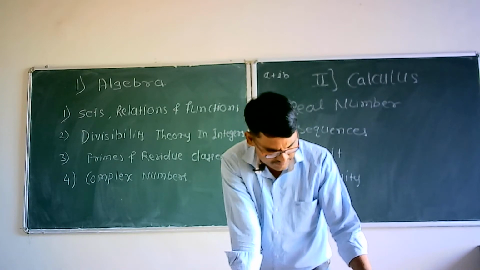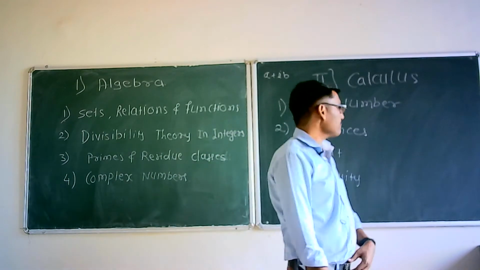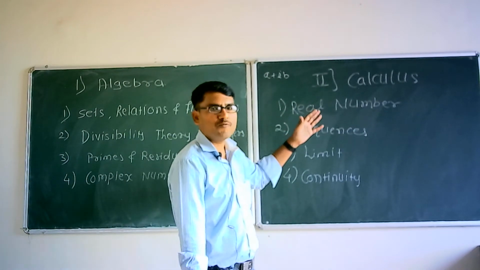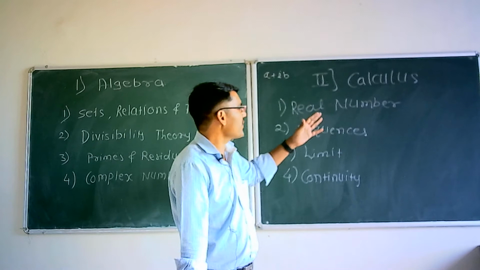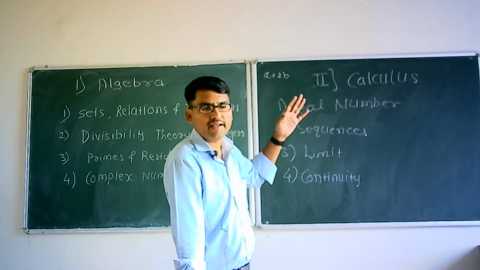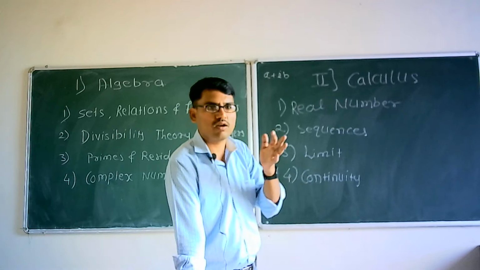Now next, in calculus again there are four chapters. Real numbers. All of you know what a real number is. It is a union of rational and irrational numbers. But there are some properties of real numbers. Again, algebraic properties are there, order properties are there.